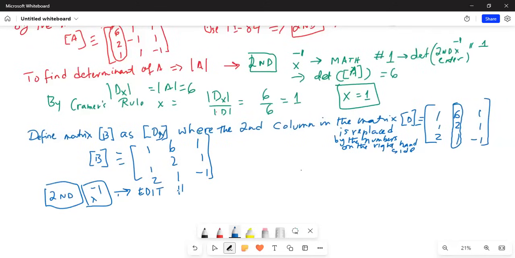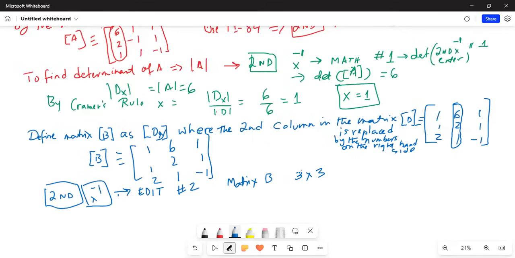And then you scroll down to number 2, and make it a matrix B as a 3 by 3, 3 rows by 3 columns. And hit enter every time you enter a number. The matrix is 1, 6, 1.